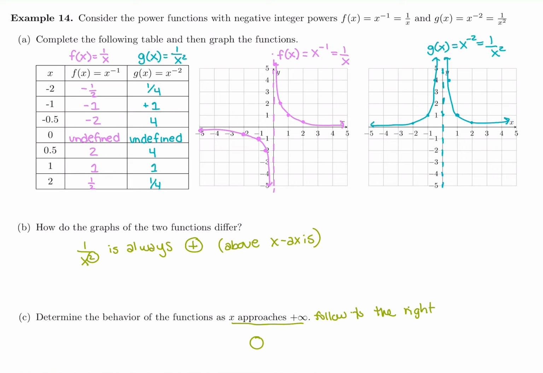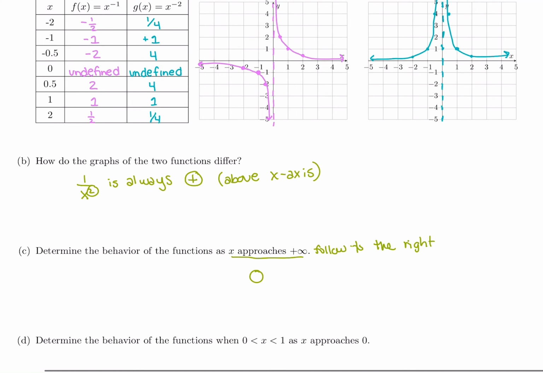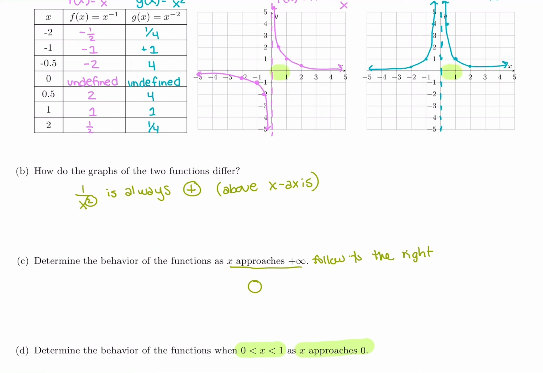What happens to the functions when x approaches 0? Well, we're looking between 0 and 1 approaching 0. So here's 0 and 1 on both graphs, but we're going to approach 0.